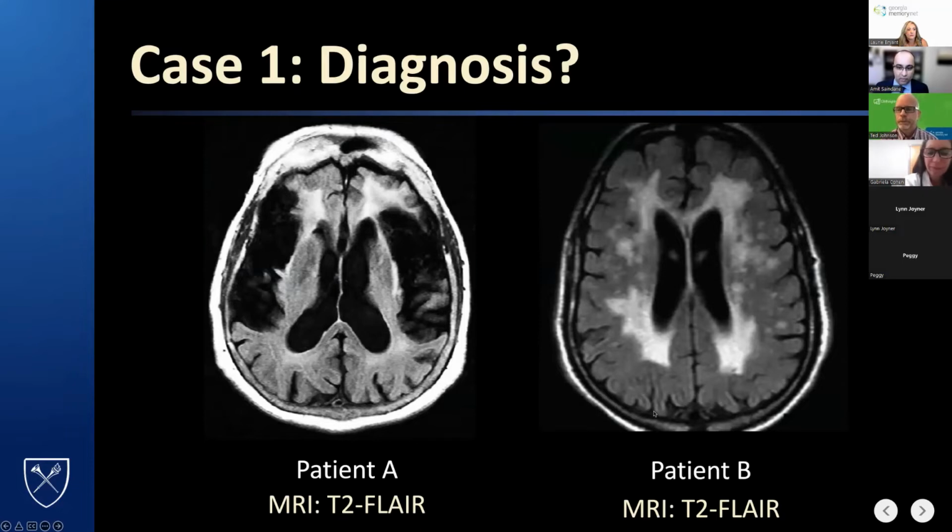If people have thoughts on a diagnosis here. Give you a second to just type something in. Go ahead and hit send and we'll look for your answers. No worries. We're just looking for engagement. We're all going to learn something here. So if you're not sure, just go ahead and type it in.